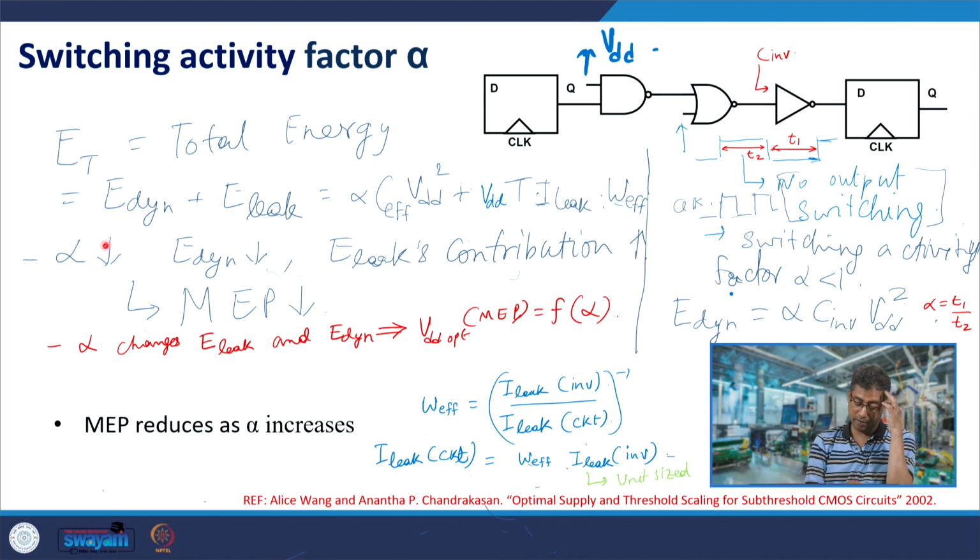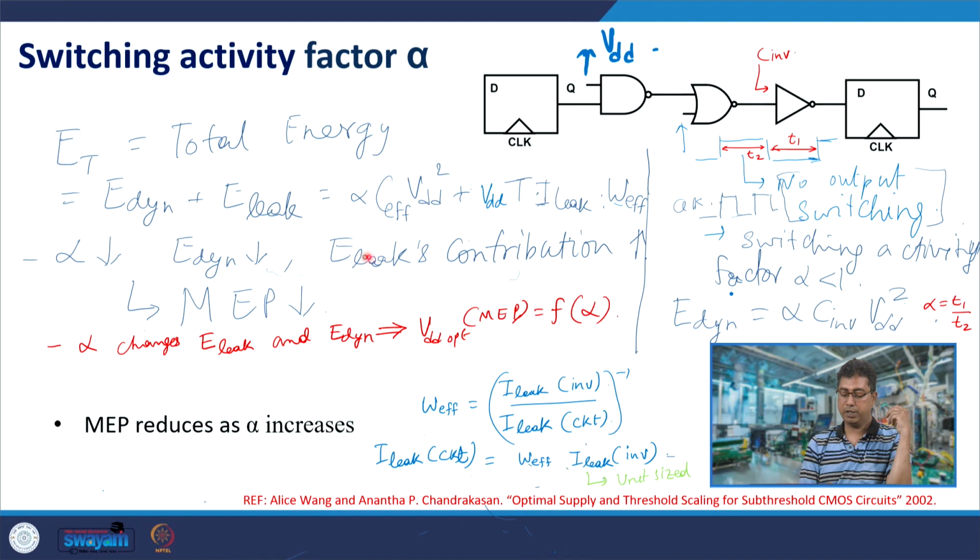So, as alpha reduces, if the switching activity factor reduces, that is, if in this example the duration for this input being 1, that is T2, increases, then the switching activity factor of the inverter would reduce. So, if alpha reduces, dynamic energy reduces, we can see that.